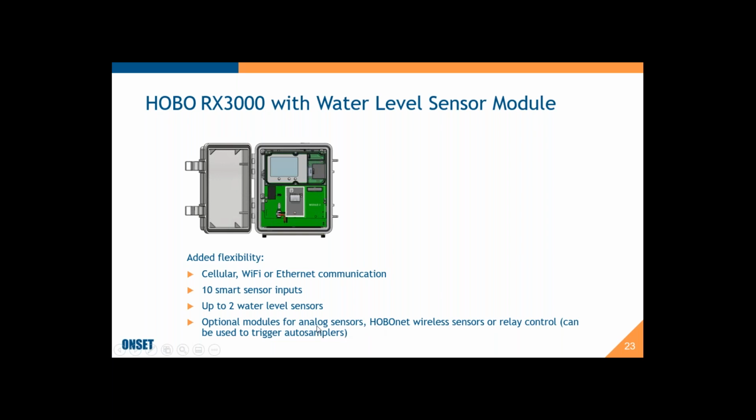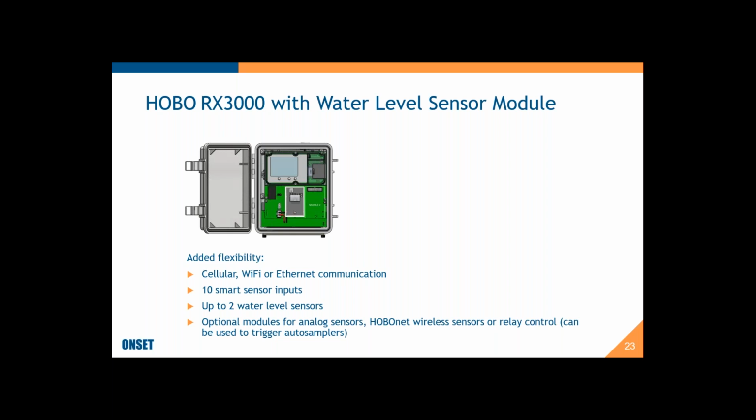We have analog input modules. So for example, if you wanted to connect a radar sensor to the station, you could do that using the analog input, and just choose a radar water level sensor that has a 4 to 20 milliamp output.